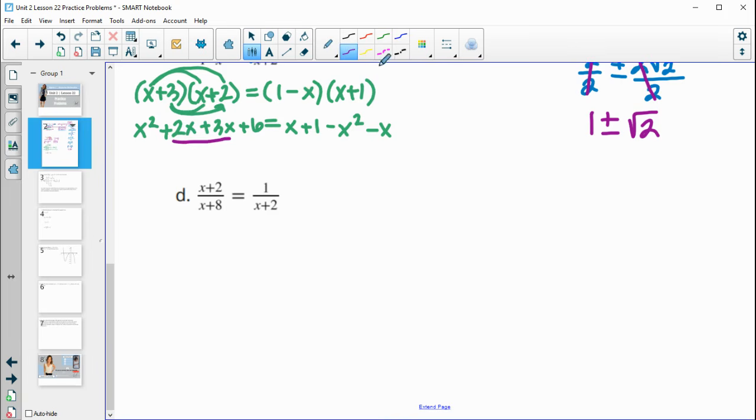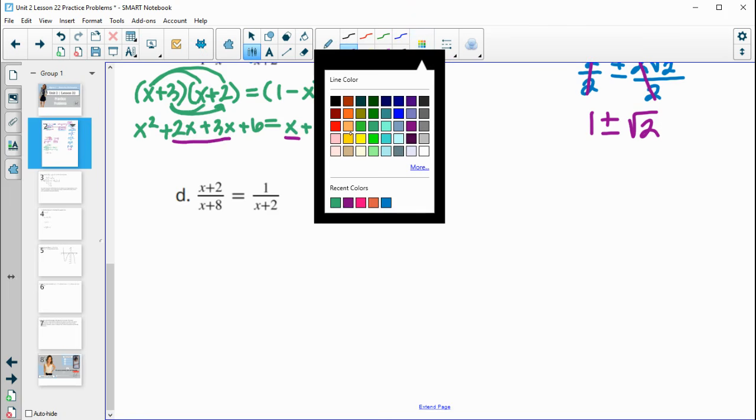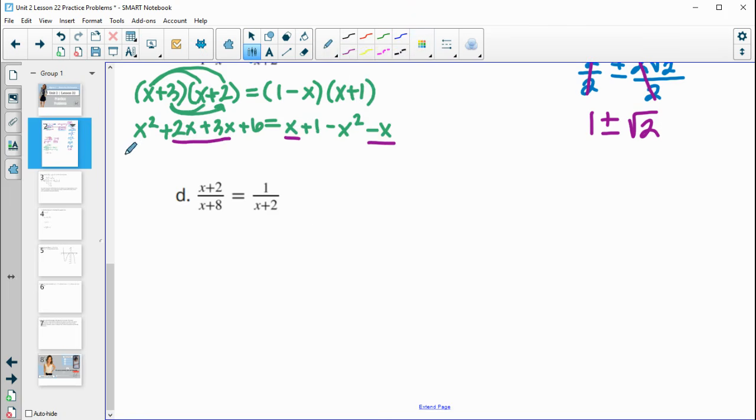So we've got some x terms in common here. So this is going to be x squared plus 5x plus 6. And then x and negative x is 0, so we're just going to get 1 minus x squared on this side. So now we see that we have x squared terms, so we're going to want to get everything to the same side so that we can factor.